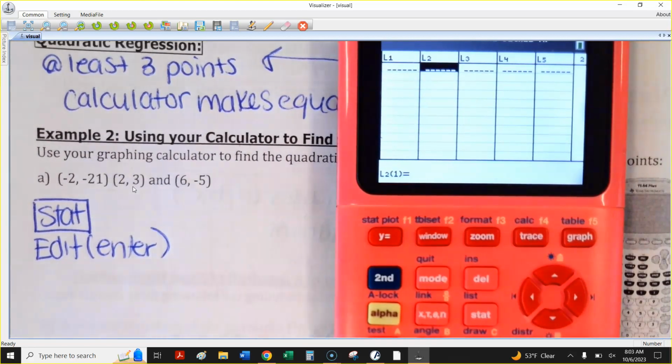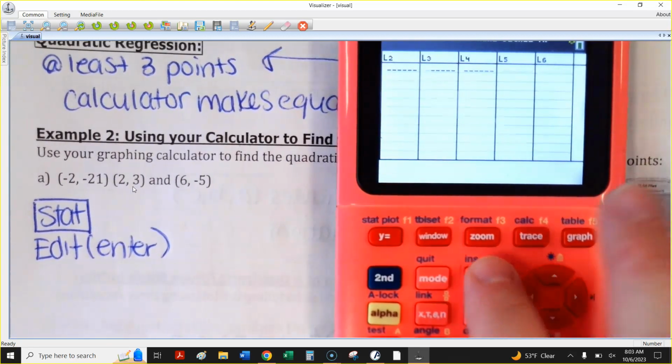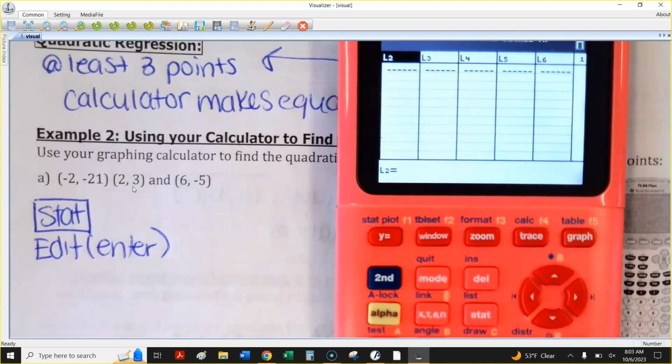Does anybody's calculator not start with L1? Okay, don't use the delete key here. But let's say you accidentally did. I can literally accidentally delete a whole column out, and we don't want to do that.